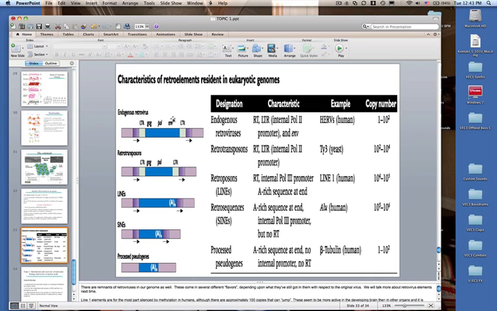There are regions on the ends of the retrovirus called long terminal repeats, and those are the control regions for the virus. All of the encoding genetic material is inside those long terminal repeats, and the long terminal repeats are where it inserts into the cellular genome. Depending upon whether all of this sequence is still present or just parts of it, you get either an endogenous retrovirus that can actually be expressed, or a LINE, or a SINE.